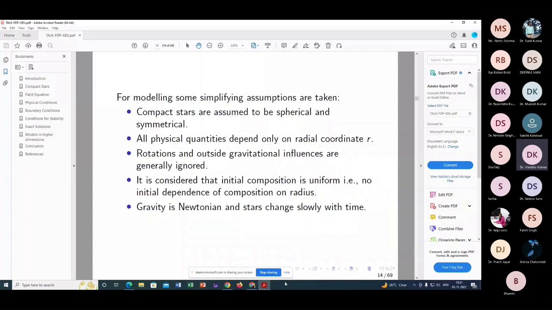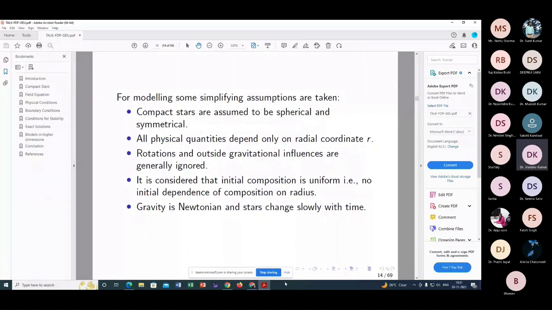So for modeling, some simplifying assumptions are taken. We have to assume that compact stars are spherical and symmetrical. Means first we have to assume that compact stars are formed in a sphere. And then all physical quantities depend only on the radial coordinate, that is r.